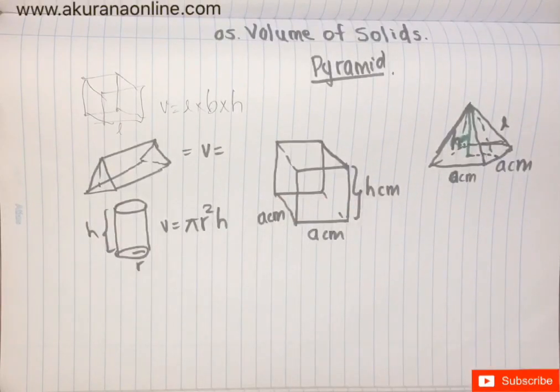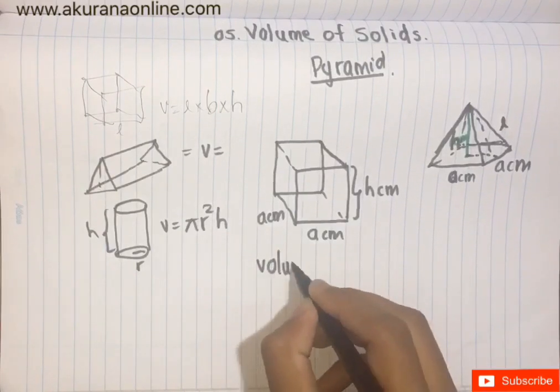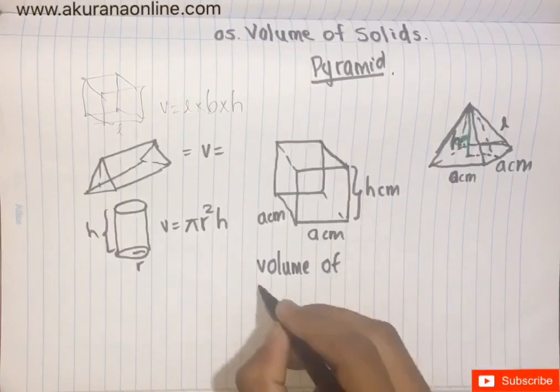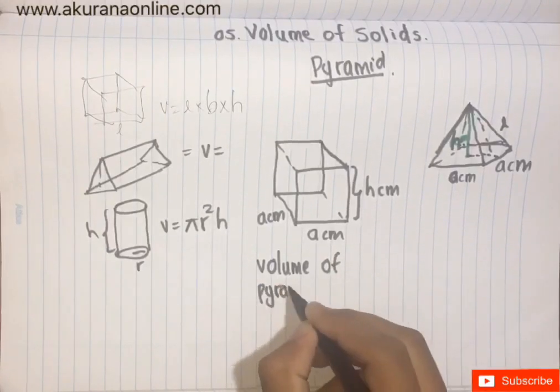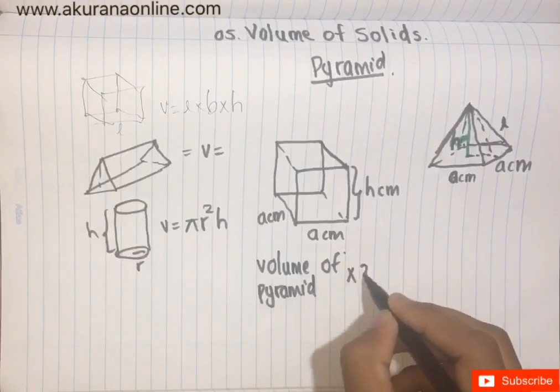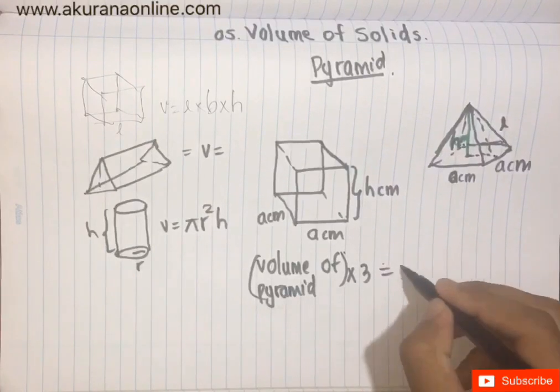If you take two solids this way, there is a relationship: 3 times the volume of the pyramid is equal to the volume of the cuboid.